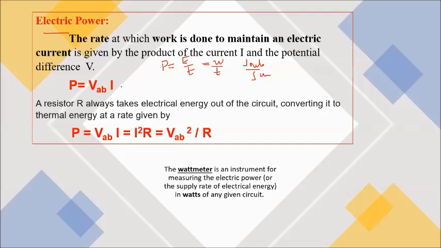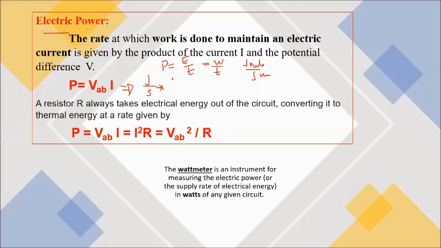Seconds. Now, dito naman sa electrical power, let us see kung ano ang unit dito. So, the unit of V is joules per second. Volt is equivalent to J over S. And when we multiply that by the unit of I, where the unit of I is ampere, which is equivalent to coulomb per second.